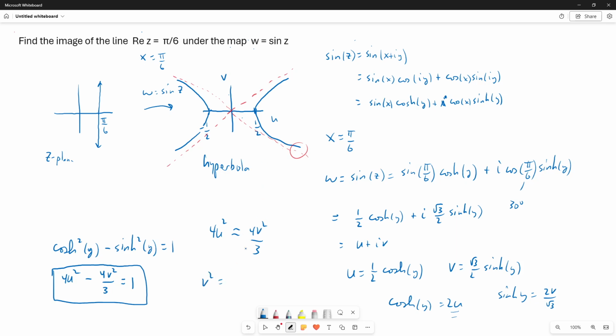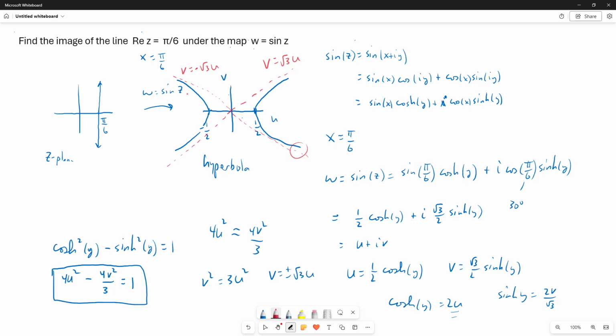This will give us the equations of these two lines if we solve for v. So v squared is equal to 3u squared, and so v is equal to plus or minus the square root of 3 times u. And those are these two lines here. This one is v equals root 3 u, and this one over here going down is v equals negative root 3 u.